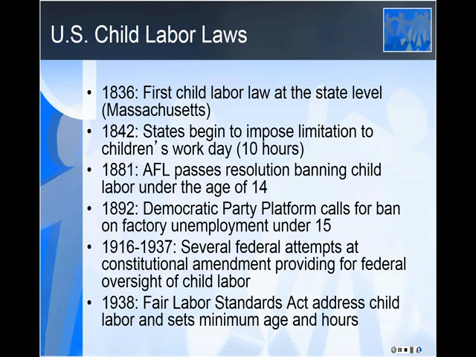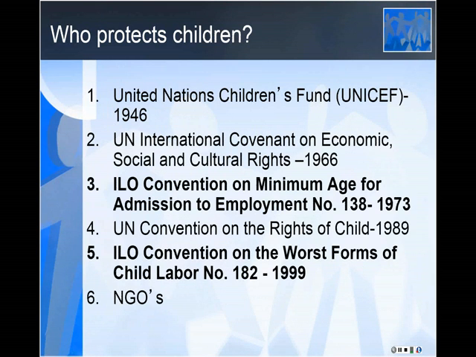Internationally, if we think about who is responsible for the protection of children, the global community has long addressed this issue, and the efforts have manifested themselves in several international treaties and conventions. So UNICEF began in 1946 to try to address the issues of children.